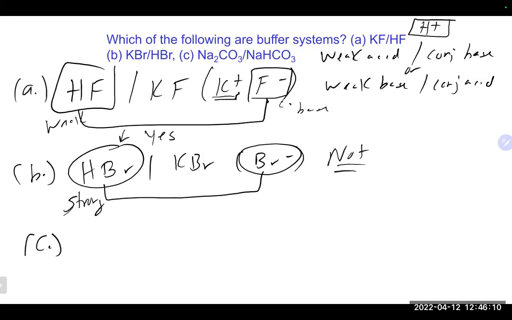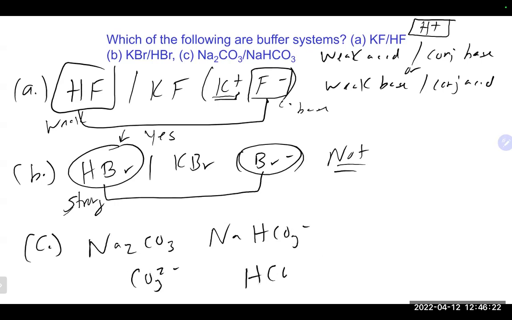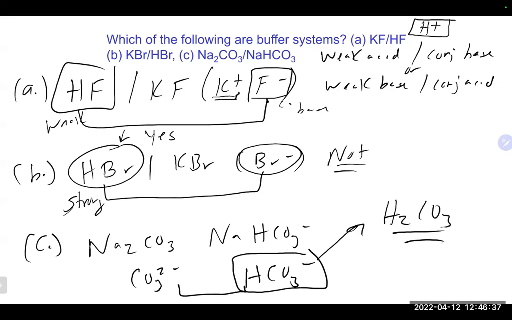Lastly, here we've got sodium bicarbonate and sodium carbonate. What we're really looking at here is CO3 2 minus and HCO3 minus. These two are related to each other if you take out the sodium. We want to think about where this comes from. This comes from carbonic acid. Is that a weak or strong acid?